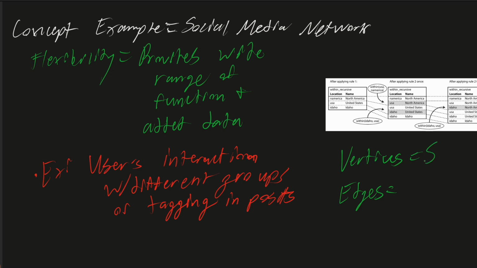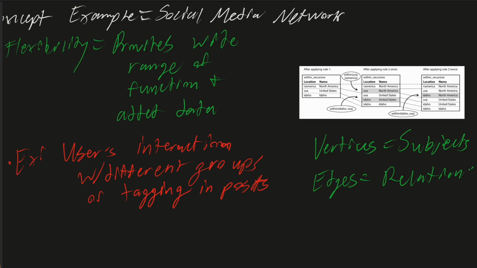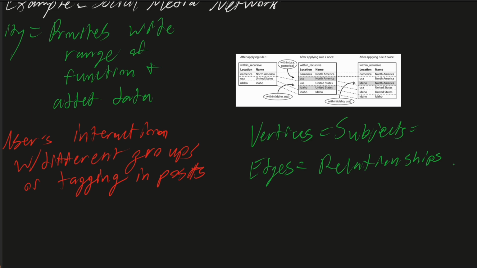So we have subjects and relationships. With such, subjects can be users, posts, groups, and the edges for typical graphs are the connections or relationships.